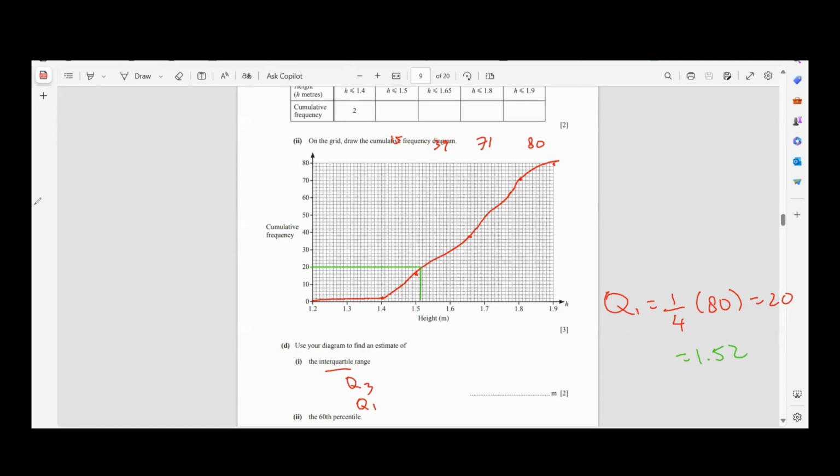And then for Q3, we use 3 over 4 times 80, so it should be 60. We do the same thing: we drag from 60 to the right, then we drag it down.